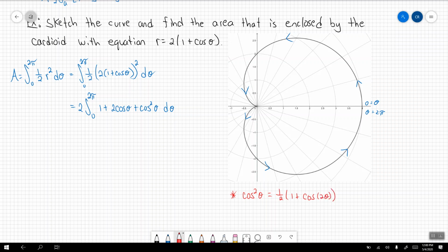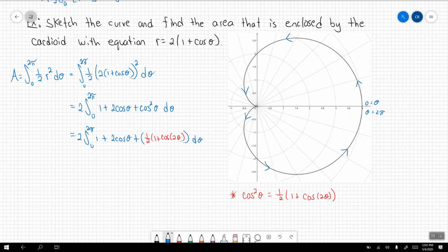Making this power reduction should help us evaluate this integral slightly easier. So we have 1 plus 2 cosine theta plus, making this substitution, 1/2 times 1 plus cosine of 2 theta, and that's all d theta.